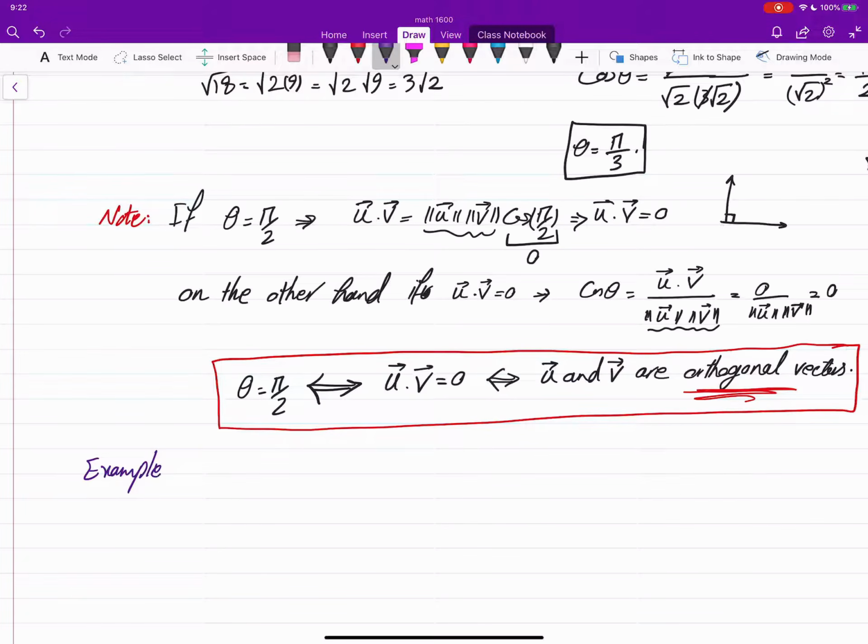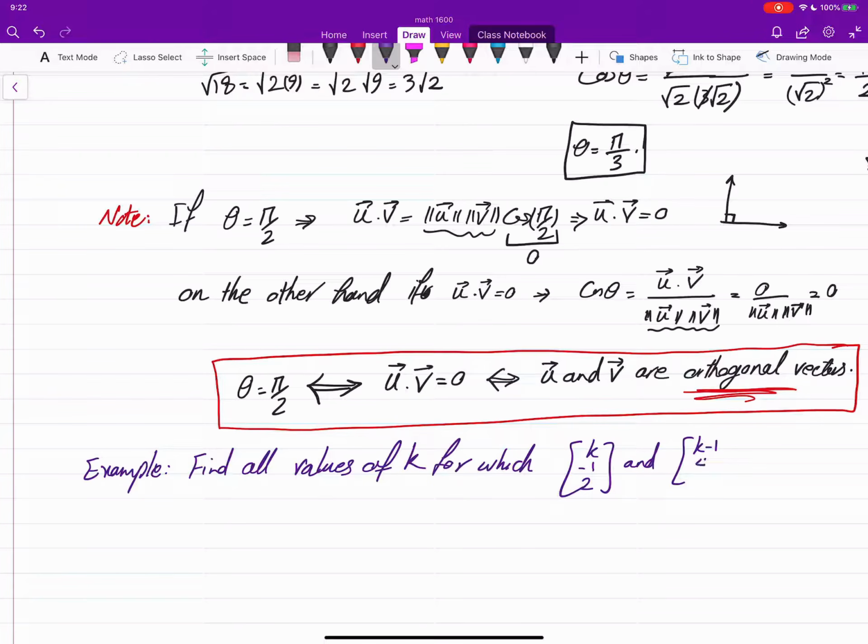Example: find all values of k for which the two vectors (k, negative 1, 2) and (k minus 1, 4, negative 1) are orthogonal vectors.